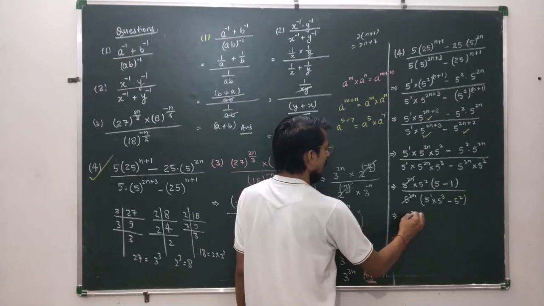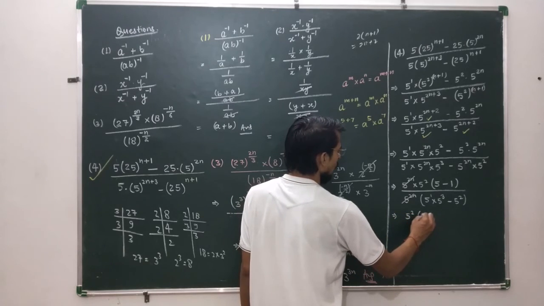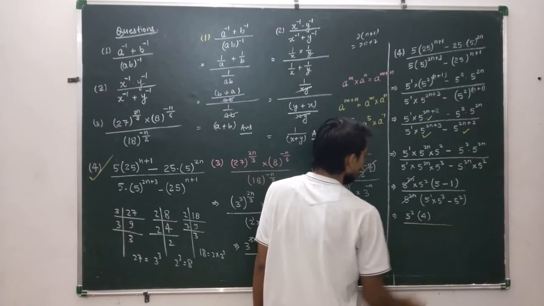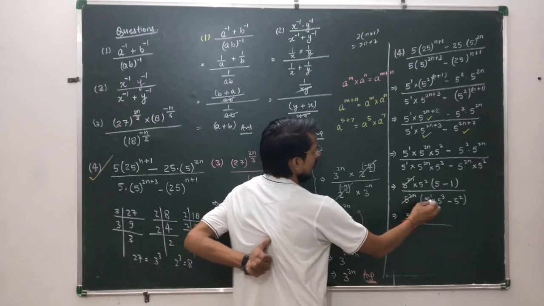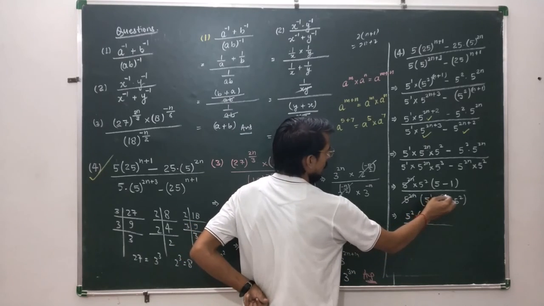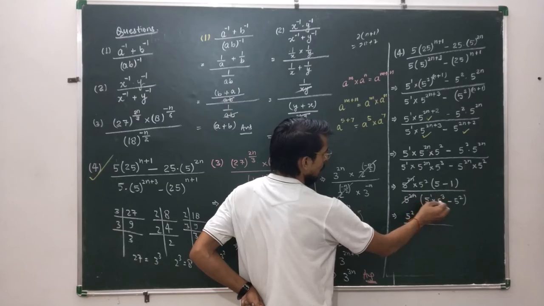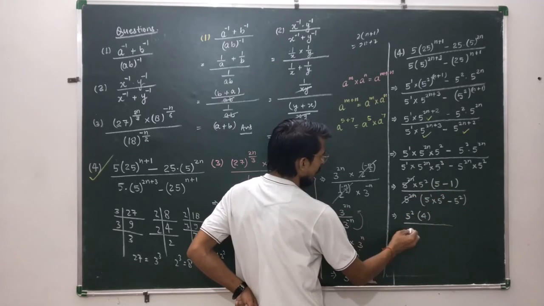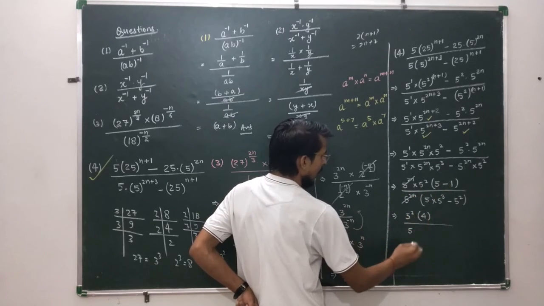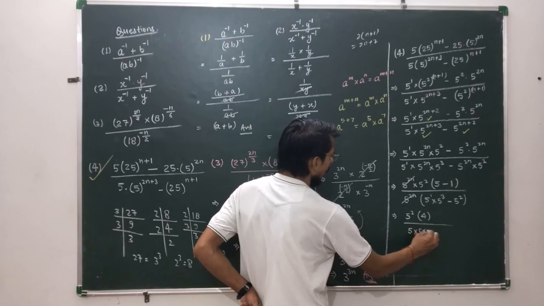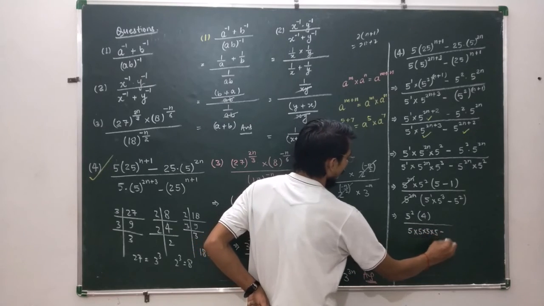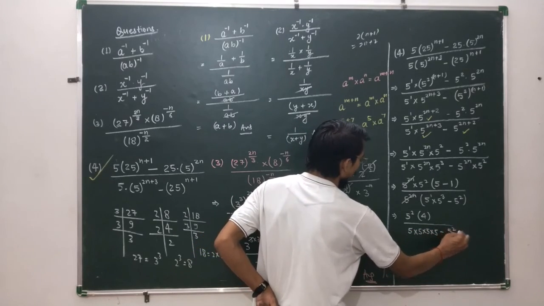Now you have 5 square into 4 upon. Now look, this is 5 into 5 to the power 1 into 5 to the power 3. So you can write it like this: 5 into 5 into 5 into 5 minus 5 square.